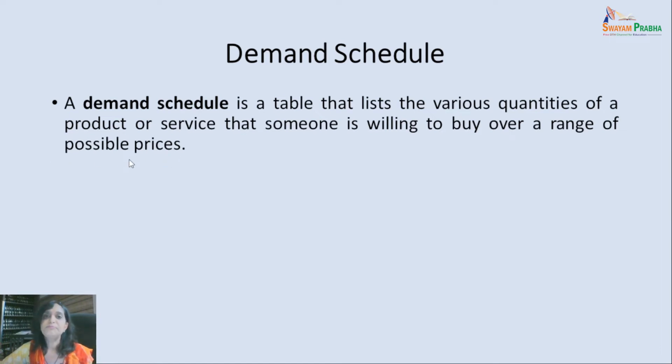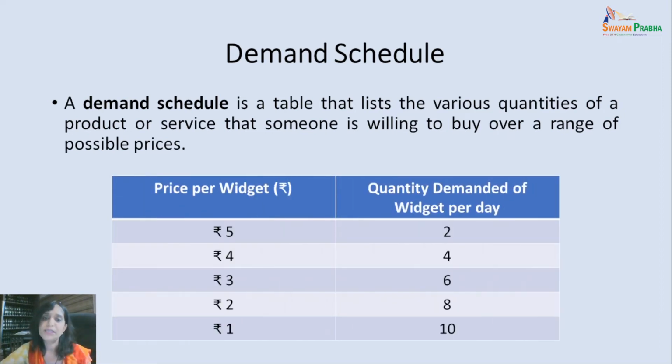That is, if the price is 1 rupee, how much am I willing to buy of that product? If the price is 2 rupees, how much am I willing to buy? If the price is 3 rupees, how much am I willing to buy? When we put it in a table, that table is called a demand schedule.